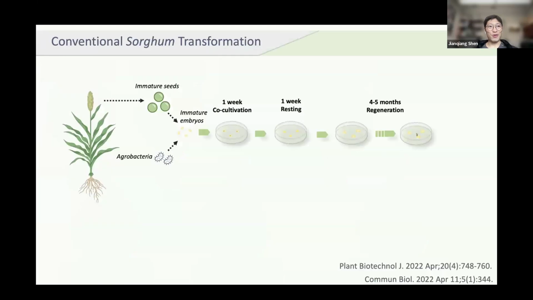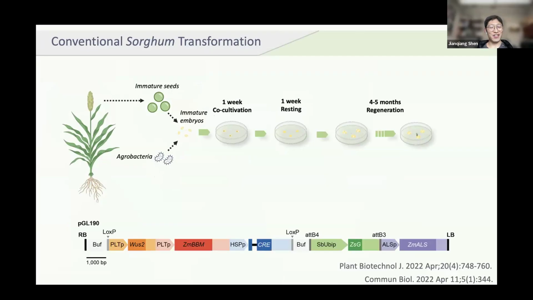Okay, so let's work through the conventional sorghum transformation. We use immature embryos, as we talked about, isolated from the seeds and infected by agrobacteria. It takes 1 week of co-cultivation, 1 week of resting, and 4 to 5 months for regeneration. Yes, that's right, 4 to 5 months.